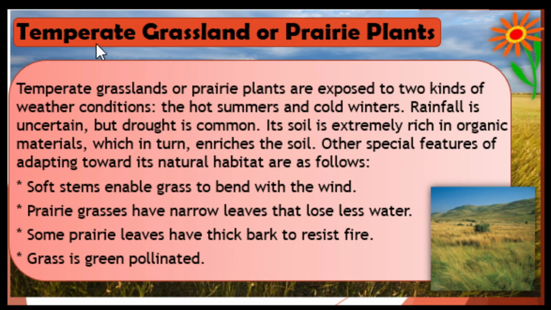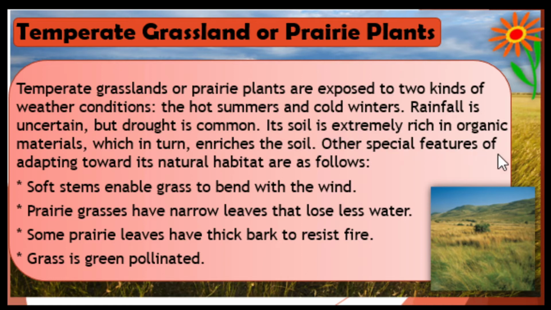Next, temperate grassland or prairie plants. Temperate grasslands or prairie plants are exposed to two kinds of weather conditions: the hot summers and cold winters. Rainfall is uncertain, but drought is common. Its soil is extremely rich in organic materials, which in turn enriches the soil.